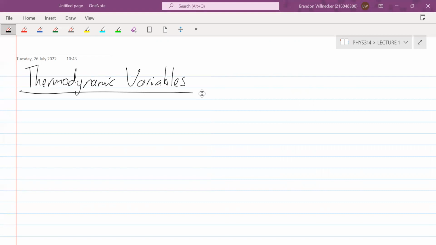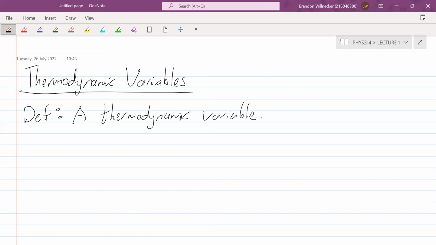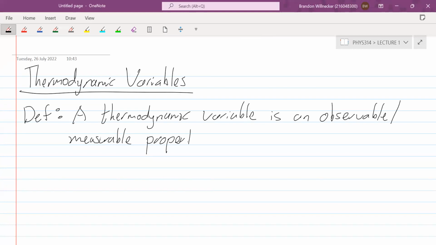First of all, what is a thermodynamic variable? So, definition. A thermodynamic variable is an observable/measurable property of a thermodynamic system.